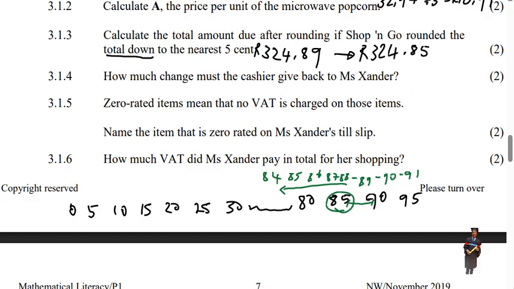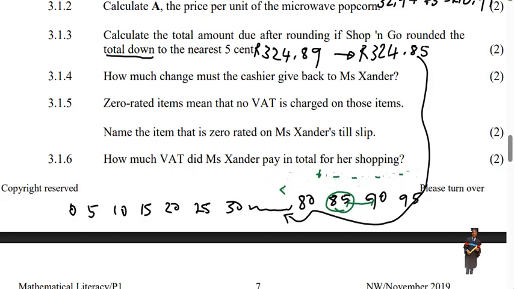Okay, the cents should be part of these numbers that are in this list, the pattern that goes by 5, 5, 5, 5. Make sure that the cents are part of those numbers.